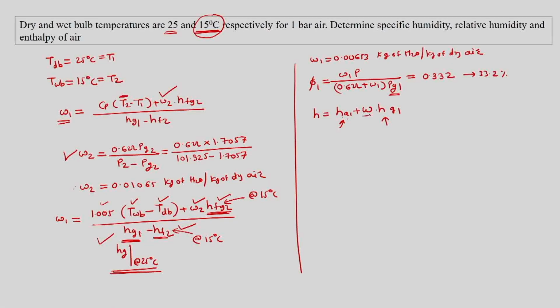Omega 1 is known, we have just now evaluated it as 0.00653. Hg can be found out from the steam table at 25 degrees Celsius, vapor saturation enthalpy, and this gives us h as 41.8 kilojoule per kg of dry air.